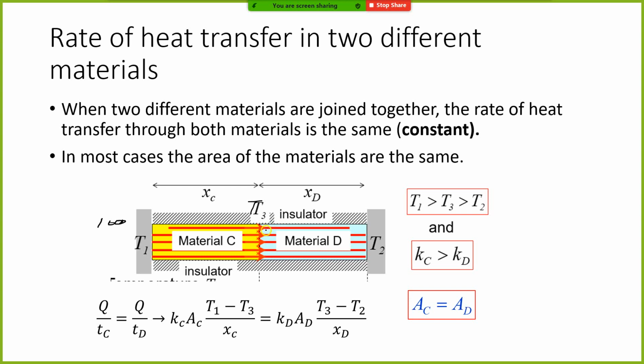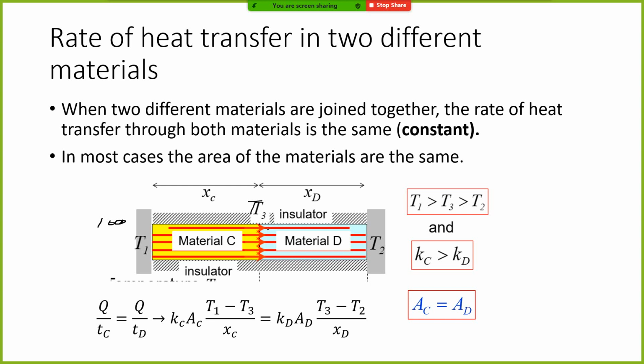That is almost like the equilibrium temperature, because that is the temperature that both materials are going to have. The temperature at that point is not going to be different. So whatsoever temperature is at the end of the material, the next piece of material is going to have the same temperature. That's something we just have to know.